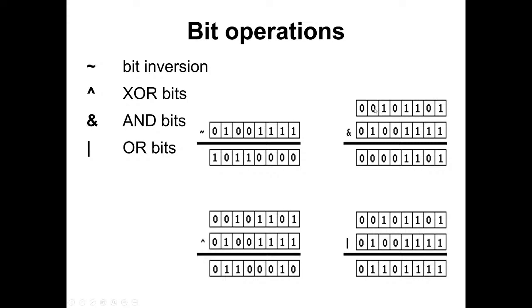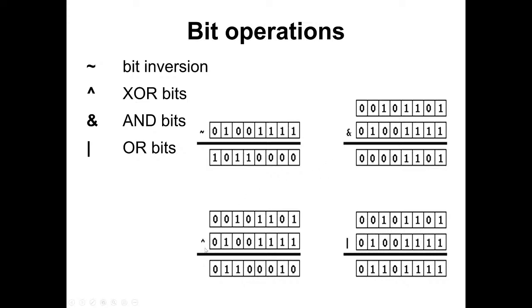If one of the two digits is 0, it gives us 0 as well. If both are 1, it gives us 1. So 0, 0 is 0, 0, 1 is 0, 1, 0 is 0, and 1, 1 is 1.